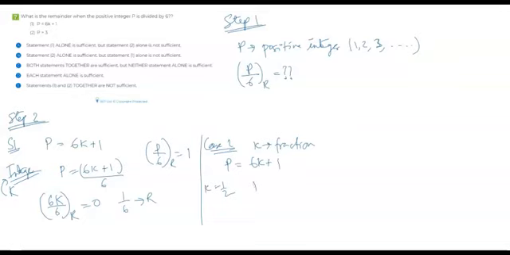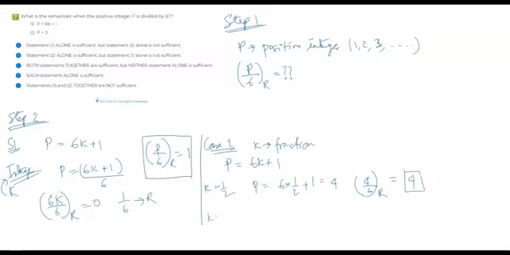If I take k as 1 by 2, I'll get p equal to 6 times 1 by 2 plus 1, which is equal to 4. Now when 4 is divided by 6, the remainder is 4. So you can see that you're getting two contradictory answers. In this case, you got the remainder as 1. In this case, you're getting 4.